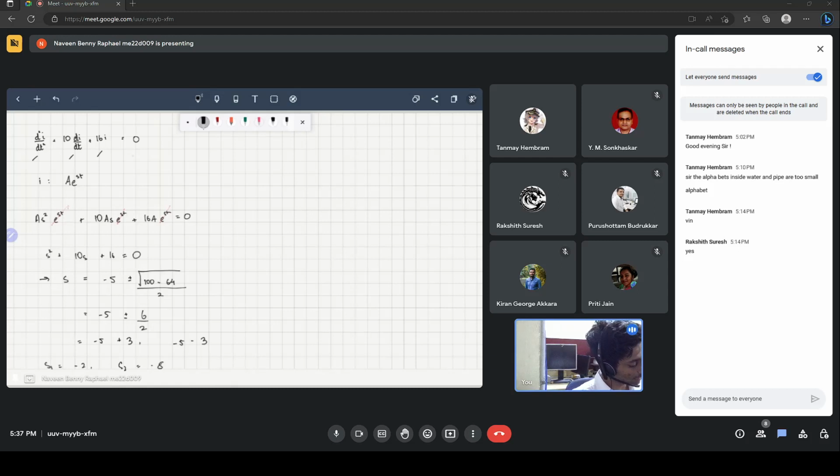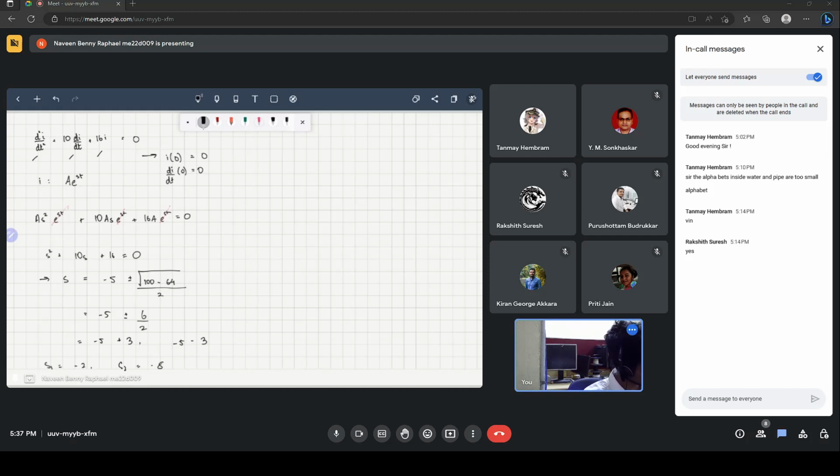Now, given the initial values of this question, because this is a second order differential equation, there would have been two constants of integration. So we should have two boundary conditions. Say we had started with I of 0 is equal to 0 and dI by dt of 0 is equal to 0.